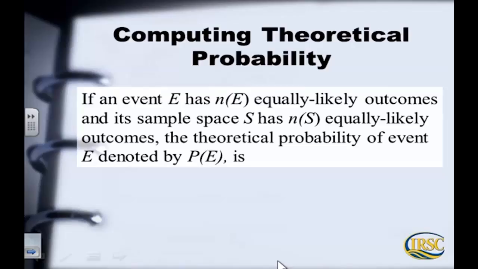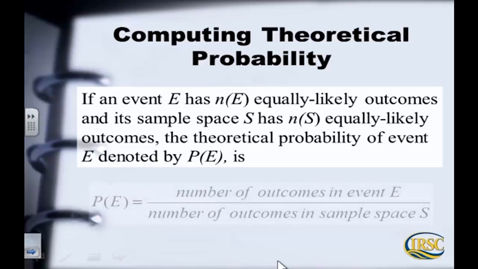If an event E has n(E), notice that this is some notation from Chapter 2. n(E) was the cardinal number, or the number of ways E can happen. It has n(E) equally likely outcomes, and its sample space has so many equally likely outcomes also.